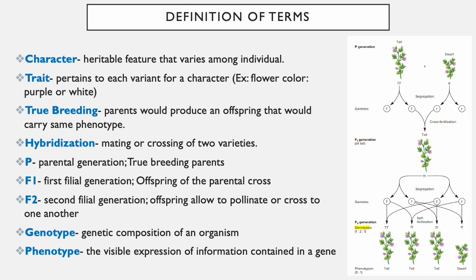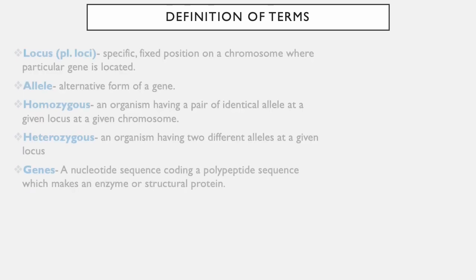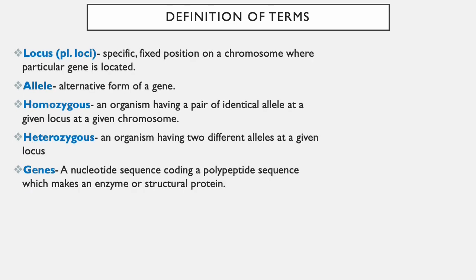The term genotype is the genetic composition of an organism, while phenotype is the visible expression of information contained in a gene. So you will always encounter these terms, genotype and phenotype. Locus, which is the singular form, the plural form is loci.